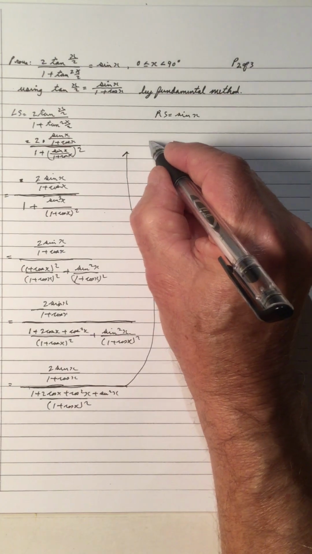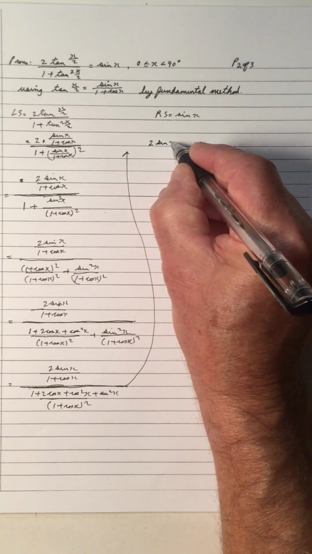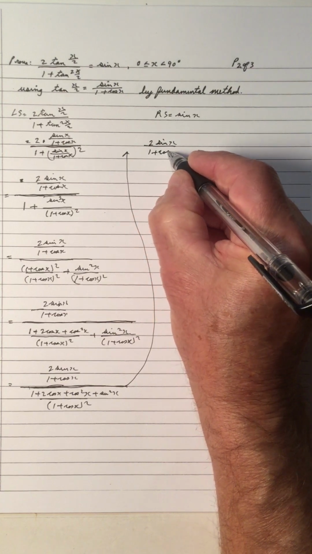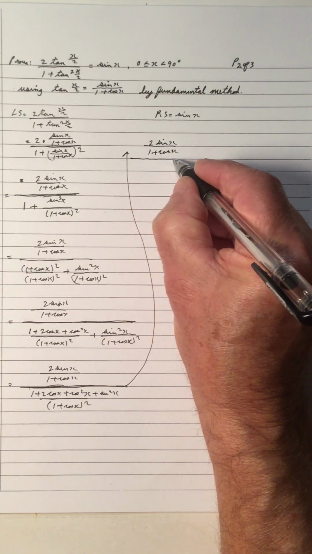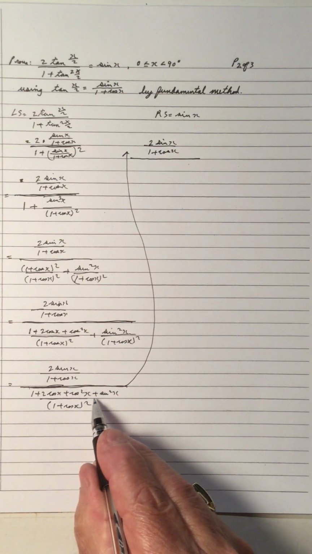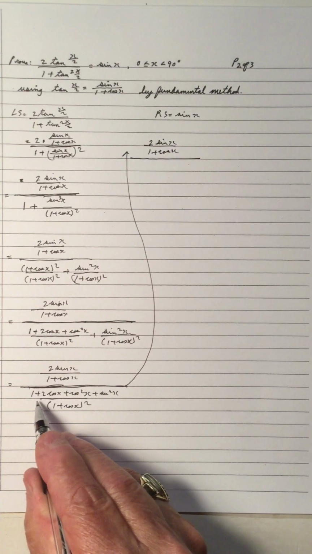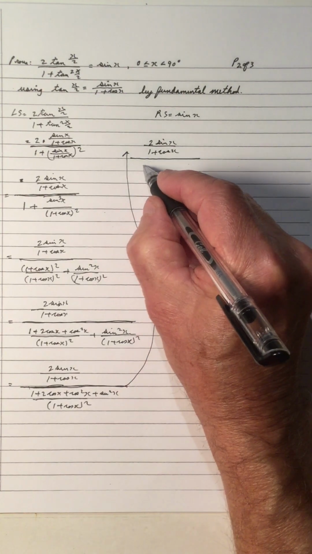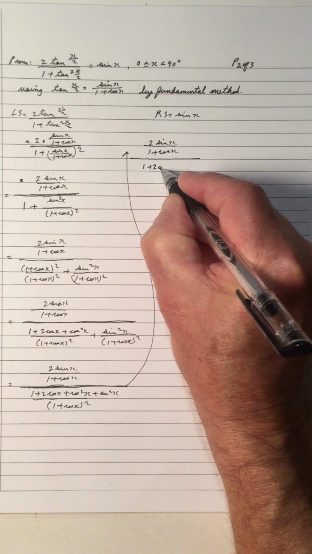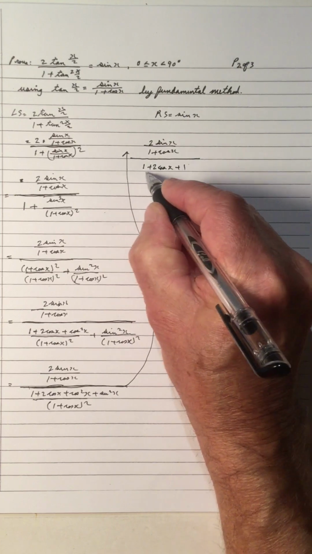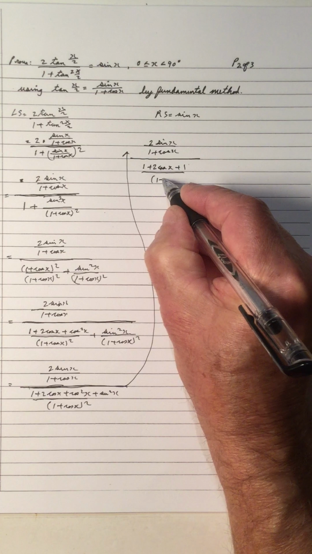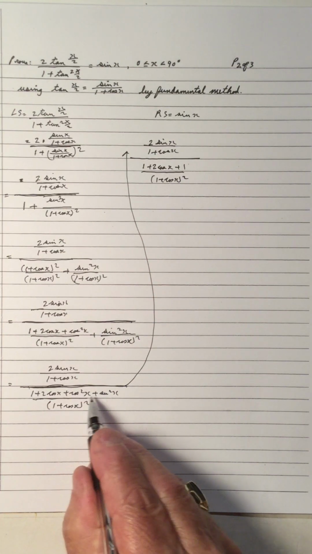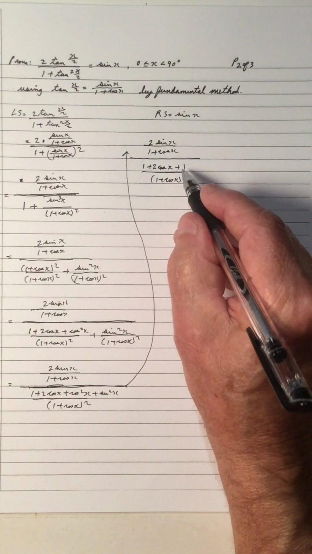So this becomes 2 sine x over 1 plus cos x, and there's the big division. Now I'm going to add these together. None of these are like terms, so I can't add them, but cos squared plus sine squared is 1. So I have 1 plus 2 cos x plus 1 all over 1 plus cos x squared.